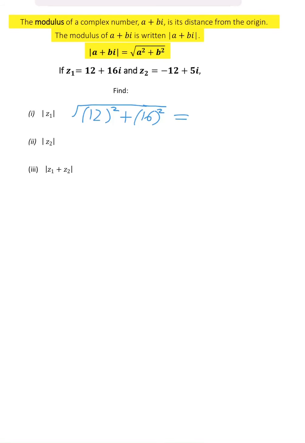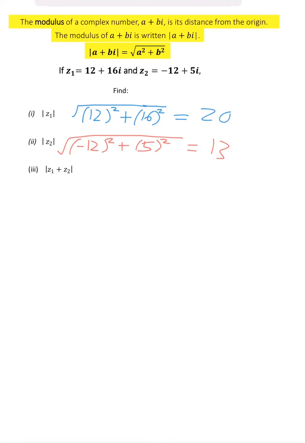Putting it straight into the calculator, that's just going to be 20. Next one then, it's z2, so I'm going to have minus 12 squared plus 5 squared, and that's going to get me 13.